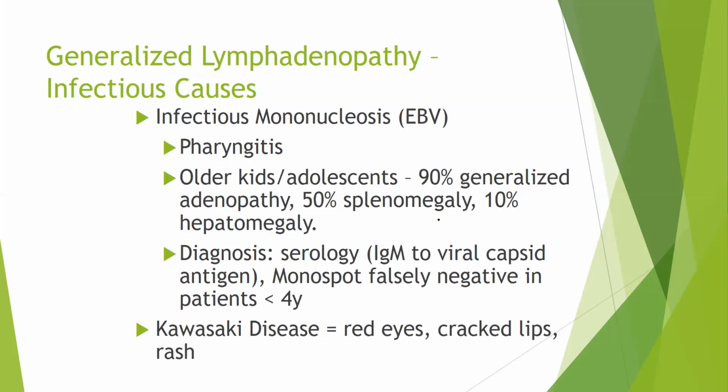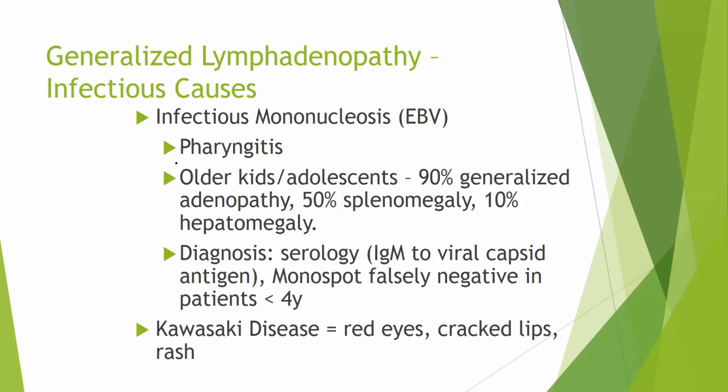Generalized lymphadenopathy, so infectious causes include mononucleosis, pharyngitis, kids that are exposed to multiple viruses. We can do serology, so we can check for the viral capsid antigen for Epstein-Barr virus. The monospot might be falsely negative if the child is below 4 years of age, because they're not able to mount the immune response that we want to see.